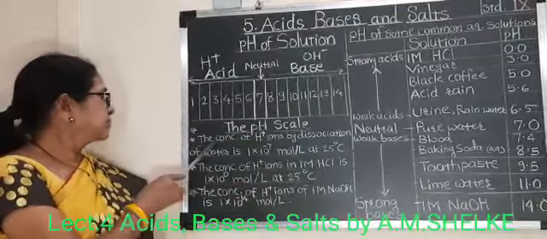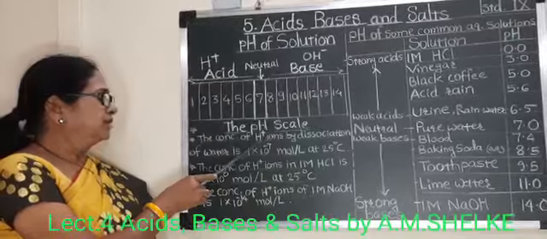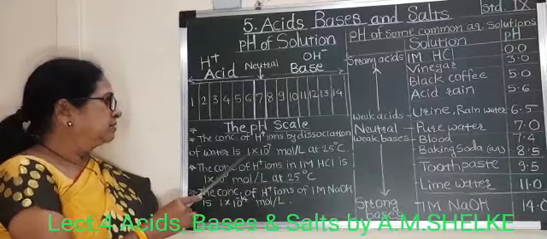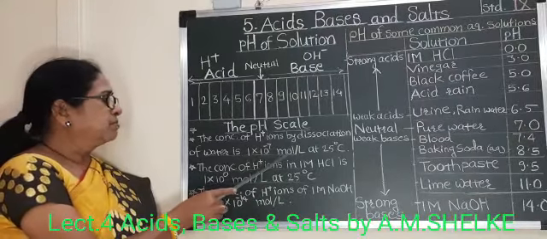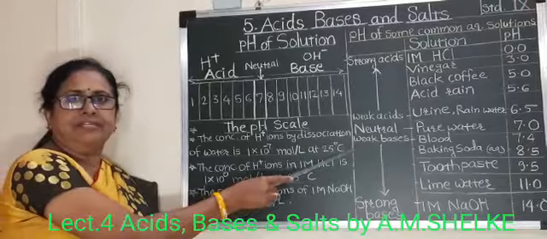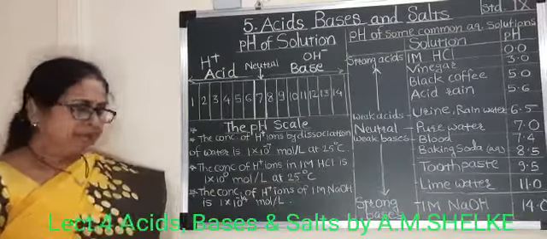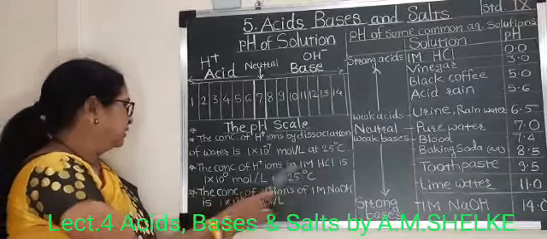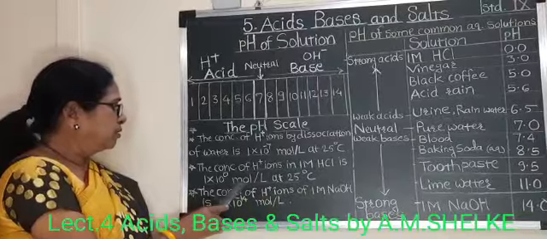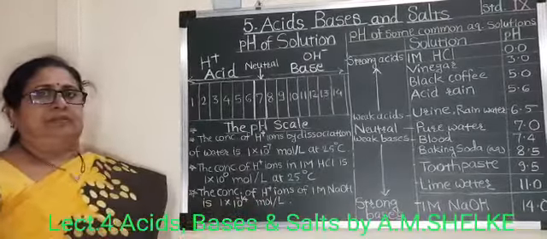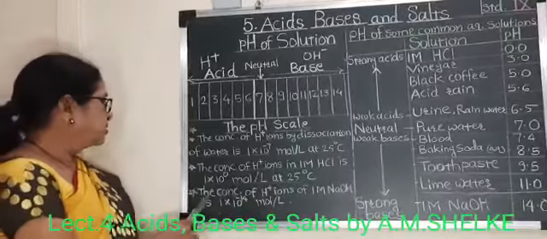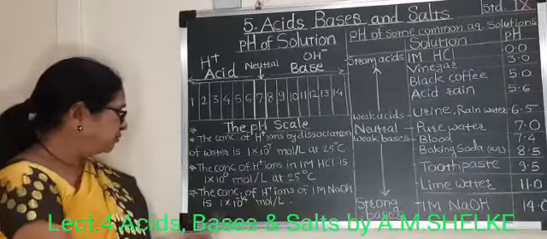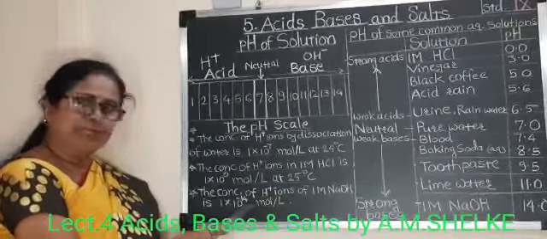See the data. The concentration of hydrogen ions formed by dissociation of water is 1 into 10 raised to minus 7 mole per liter at 25 degrees Celsius. But at the same temperature, the concentration of hydrogen ions in 1 molar HCl is 1 into 10 raised to 0 mole per liter, and in 1 molar sodium hydroxide it is 1 into 10 raised to minus 14 mole per liter.